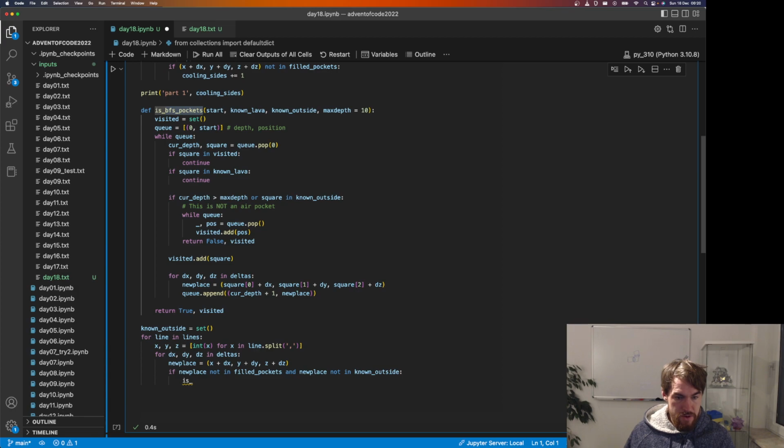And then of course we can say is air pocket, breadth first search. Is pocket, visit this air pocket. So we get a new place. Our current filled pockets are known outside. It is a pocket.